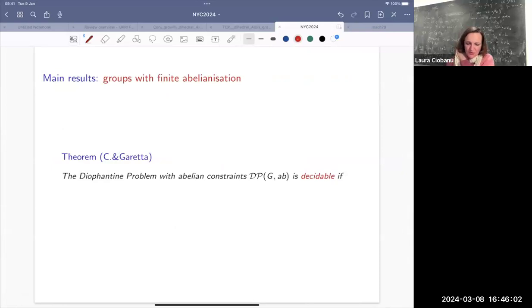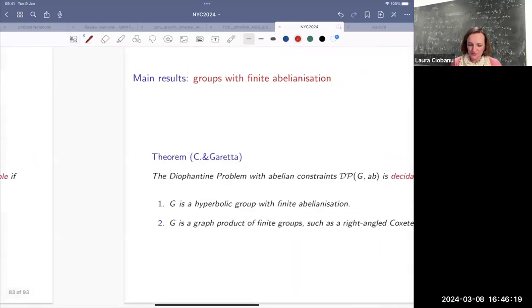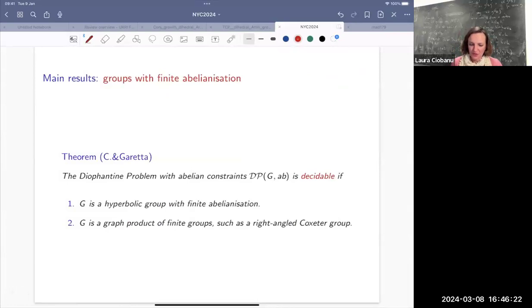So it seemed like everything is undecidable, and all the results are negative. But then we realized something funny happens when you have the abelianization of your group finite. So, for example, take a group G where you can solve equations, just the Diophantine problem in G. That would be a hyperbolic group.